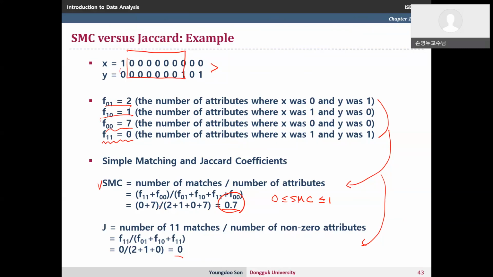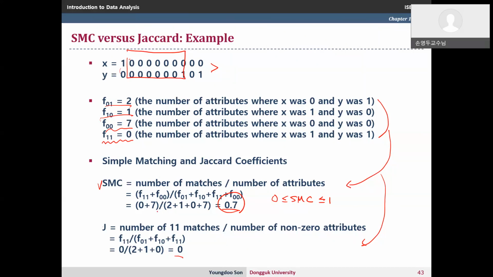So by using simple matching coefficients, the similarity between these two vectors, x and y, will be 0.7. However, if we use Jaccard coefficient, then the numerator of Jaccard coefficient only counts f11, and f11 is 0 in this case. So by using Jaccard coefficient, the similarity between two binary vectors x and y will be 0.